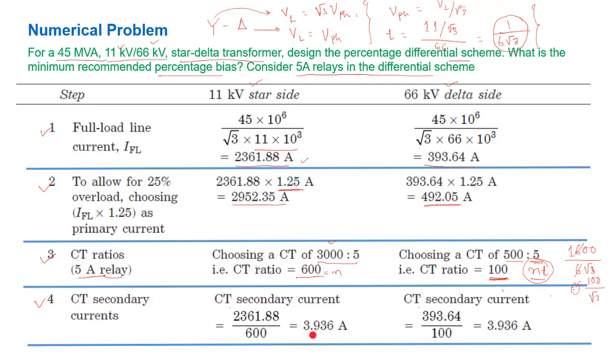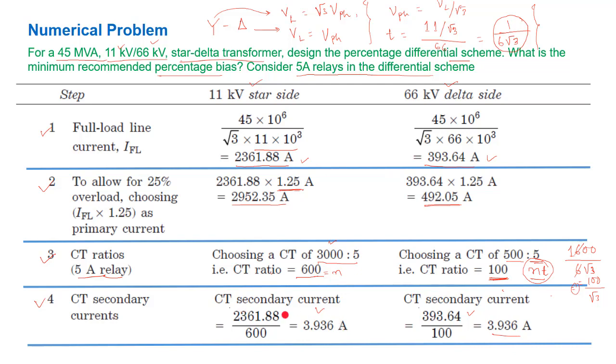For the secondary side, the 66 kV delta side, if we divide 393.64 by 100, we find 3.936 ampere.